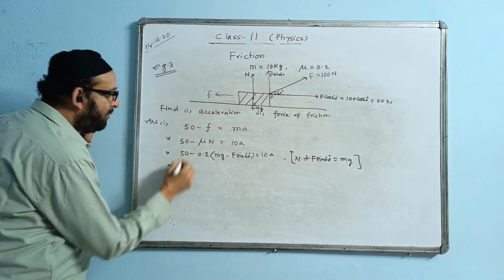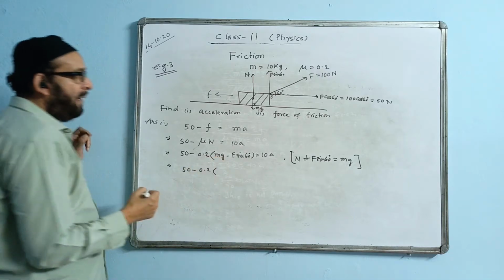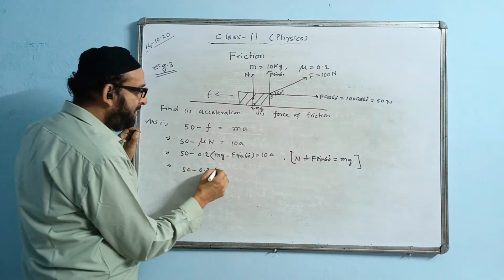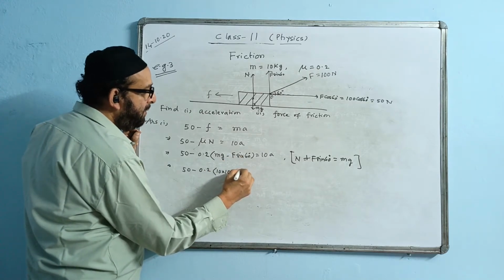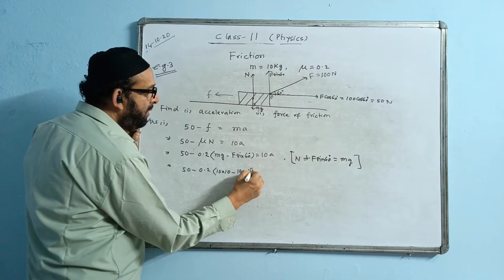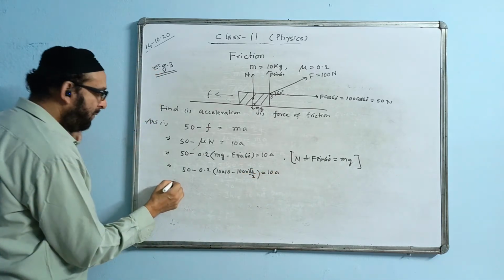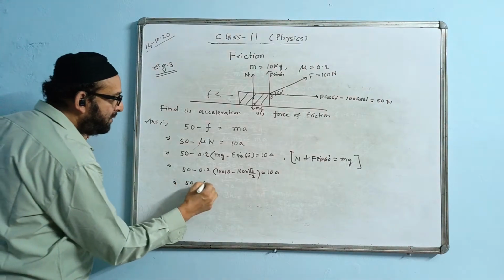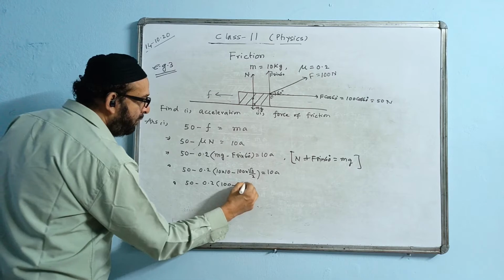Let us now calculate 50 minus 0.2 times N. The m value is 10 and g value is also 10. So 10 into 10 we will do. F is 100. Sin 60 value is root 3 by 2. Now we will be using calculator. This is coming 100 times root 3 by 2, which is 50 root 3.